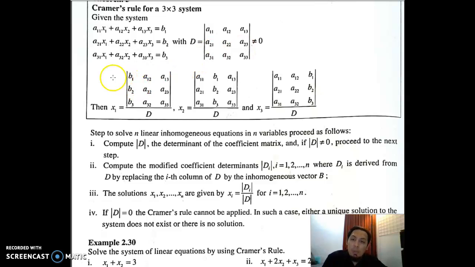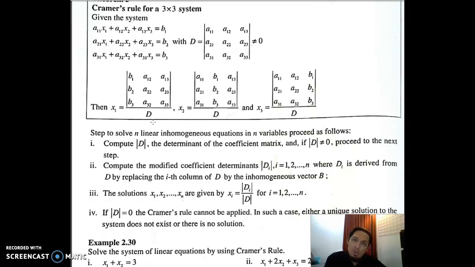For example, if we want to look for x1, we are going to change the original elements of this matrix to B. Instead of A11, A21 and A31, we are going to substitute B1, B2, B3 as our first column. After that we calculate the determinant as usual and divide it by the original determinant, and we will get x1.